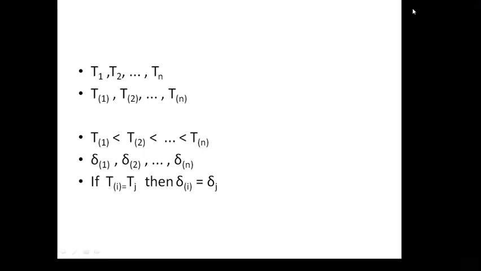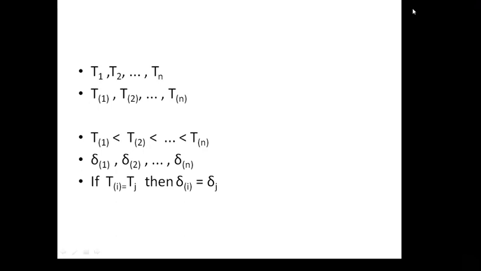We have ordered the data T1, T2, ..., Tn. Correspondingly, we'll order the data on delta 1, delta 2, ..., delta n. Now here the important thing to be considered is that delta(1), delta(2), up to delta(n) are not the order statistics corresponding to the delta data. These are the values imposed by the order statistics corresponding to T1, T2, ..., Tn. It means that delta(1) is the value of delta on the component for which T(1) is observed.